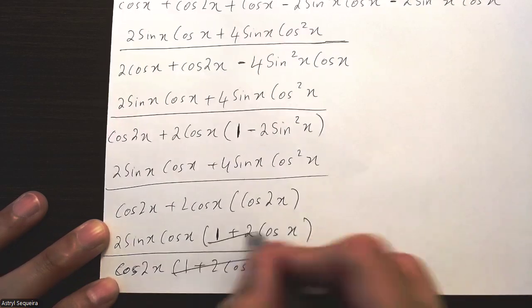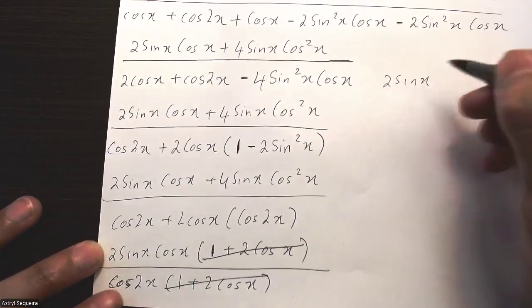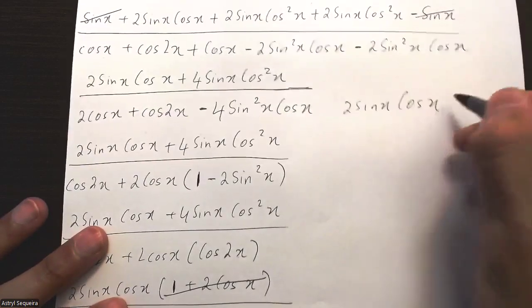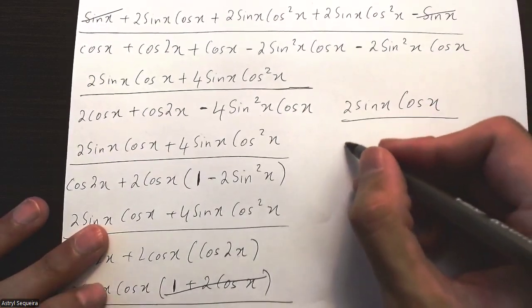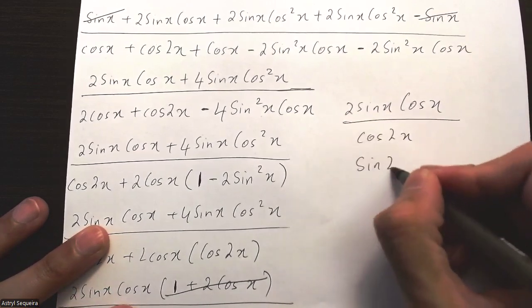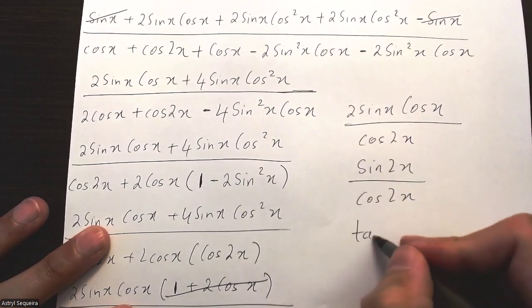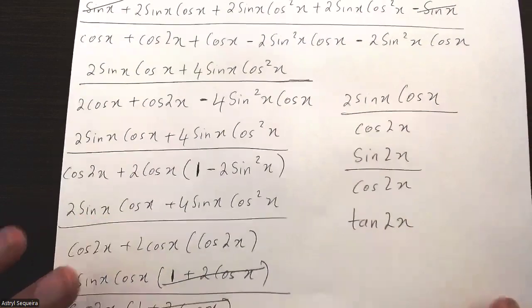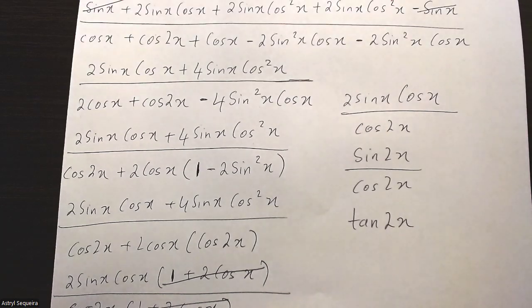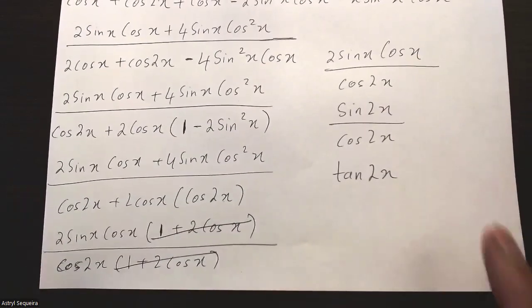And now these two can cancel. So I'm just left with 2 sine x cos x over cos 2x. 2 sine x cos x is just sine 2x over cos 2x. And then I'm left with tan 2x, and that is the final solution. I guess it matches the other side.